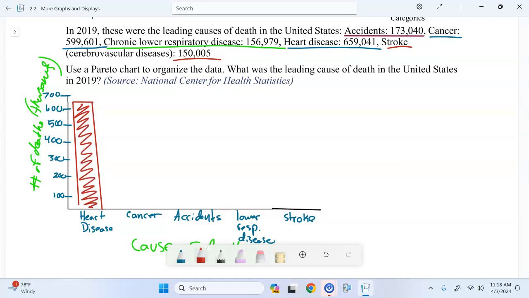All right? Where's our cancer going to be? Pretty much right at 600. Cancer. Where's our accidents going to go? A little bit under 200.